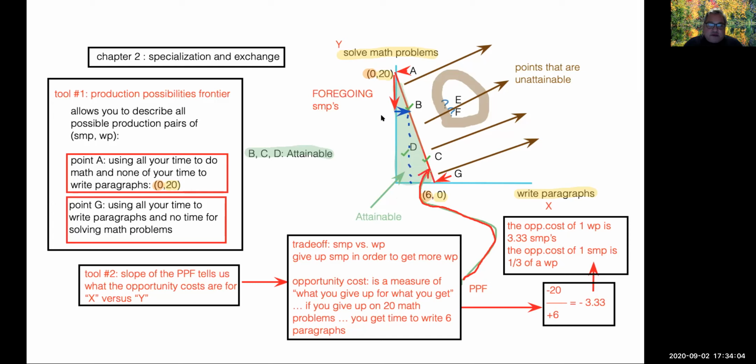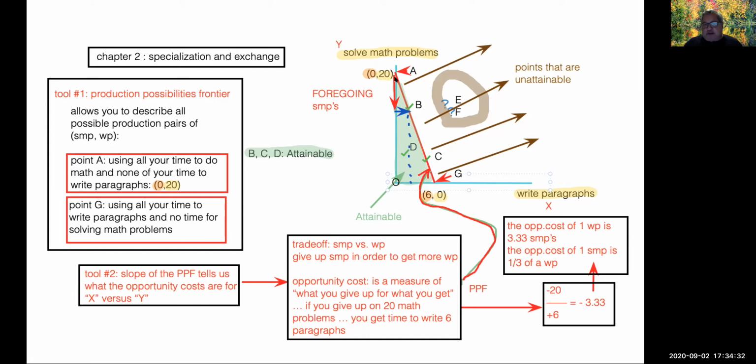I'm going to call this triangle AOG. The green triangle at the top apex is A, at the origin it's O, and at the far right point is G, AOG. So in this triangle here, the rate of exchange of math for English is the same.